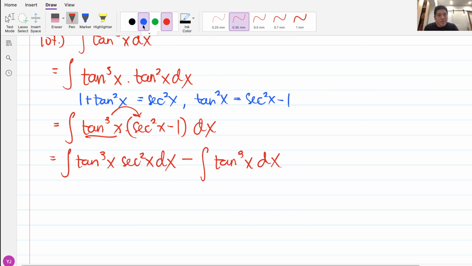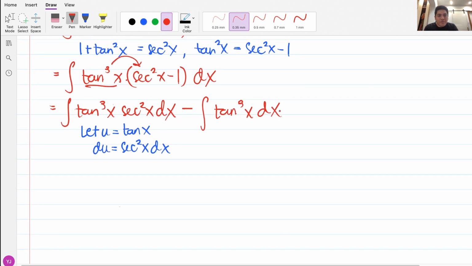Okay, let's try to let u equal tangent of x. The derivative of tangent would be secant squared dx, which we can simply substitute. In this part, tangent cubed of x, we cannot integrate it right away because we're going to strip off another squared, tangent squared, and do the same process.